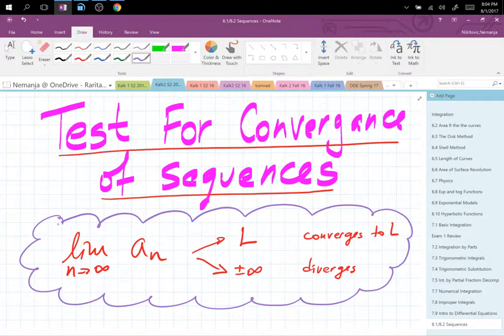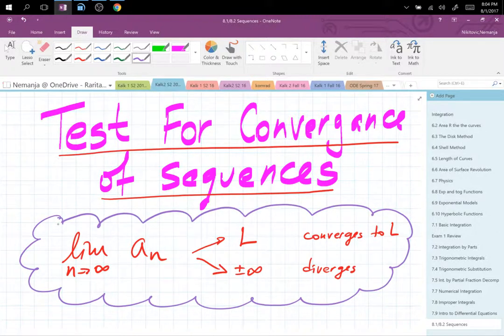So anytime when I do something like this, that is your test. And as I said, you're going to have 11 of those. You are going to have one test for sequences, which is this one, and you will have 10 for series that we will start covering tomorrow after the exam.